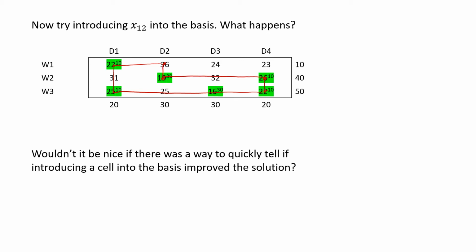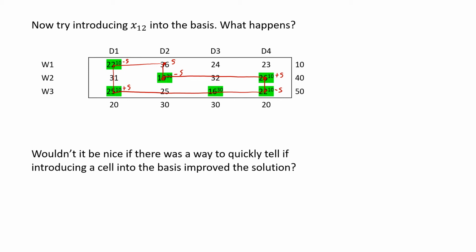I'm introducing that new one. I put s in there. This becomes 10 minus s. The one on the bottom left becomes 10 plus s. On the bottom right becomes 10 minus s. The next one up becomes 10 plus s. And the final one becomes 30 minus s.